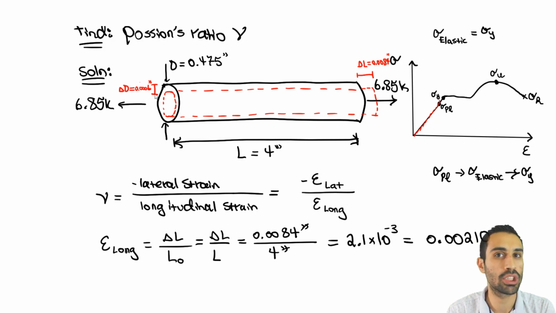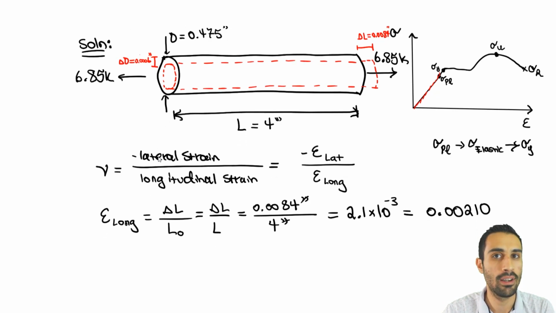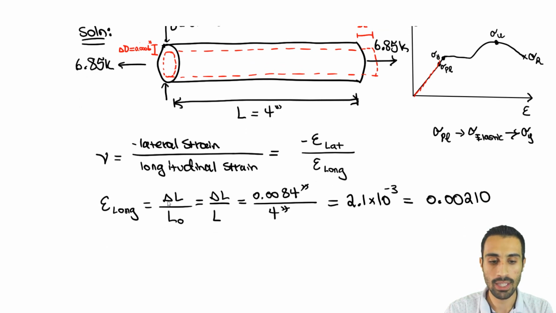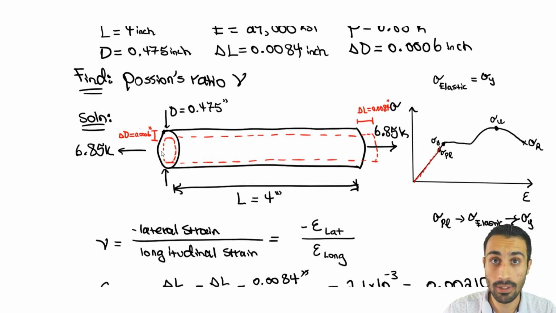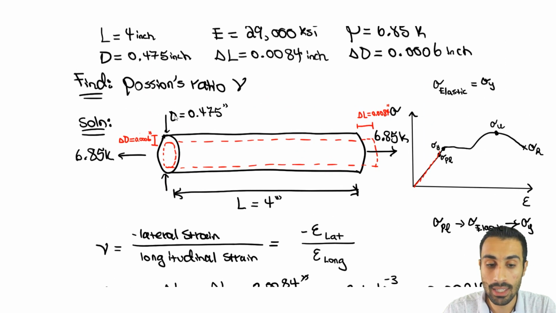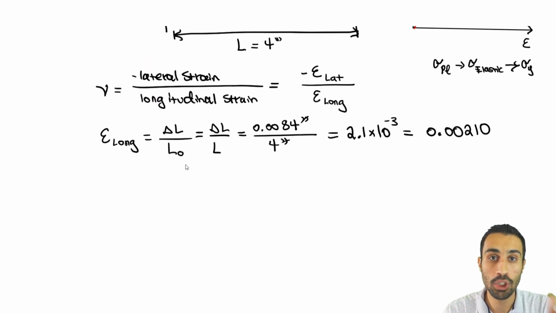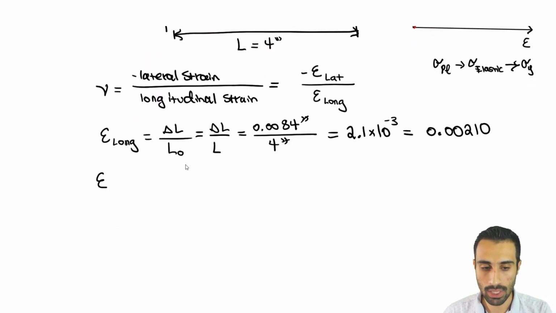How would you get the strain in the lateral direction? We take the change in diameter divided by the initial diameter, the original or starting diameter. So let's write that equation: epsilon lateral equals the change in diameter divided by the original diameter.